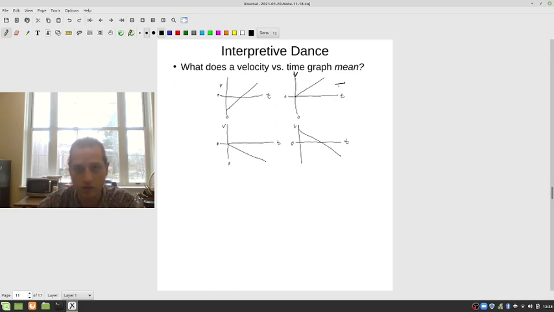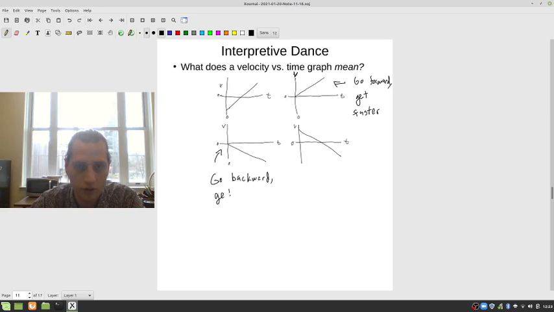So this is just going forward and getting faster. Okay, so that's the simplest one. The equivalent one going backwards is going backwards and getting faster. Okay, so those are pretty easy to interpret.